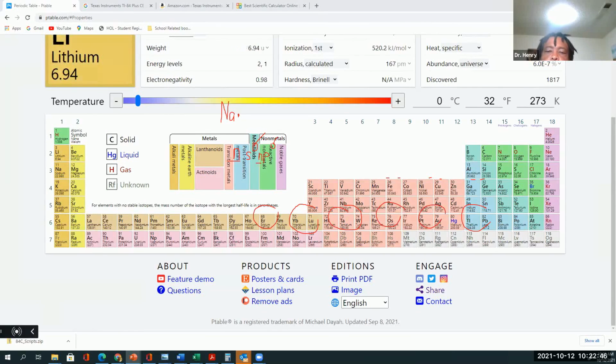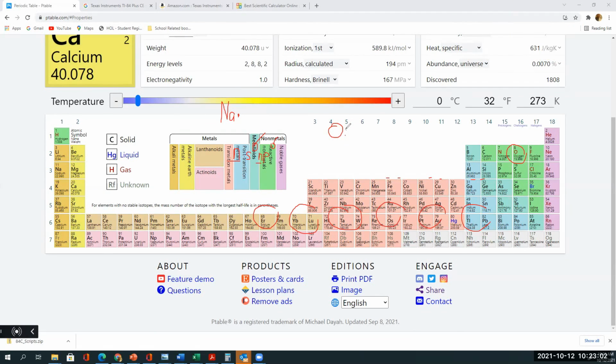So for oxygen, how would we write that? What is the electron configuration for oxygen, in the simple way? Helium, 2s2, 2p4.